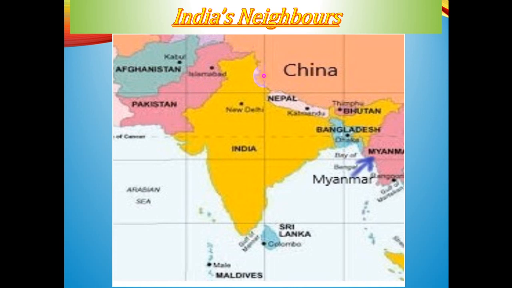In the northern part we have Tibet, then Nepal, and here Bhutan. In the eastern part we have Myanmar, and this is the Bangladesh area. This is also our neighboring country, and two southern neighboring countries are there: one is Sri Lanka, another is Maldives.